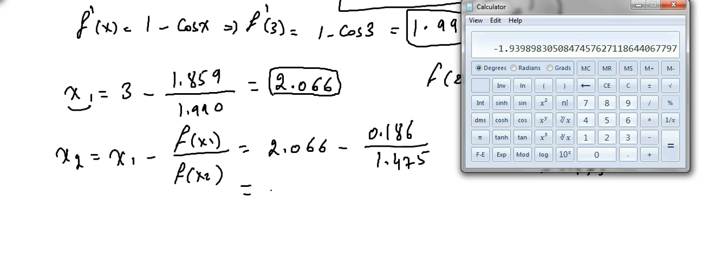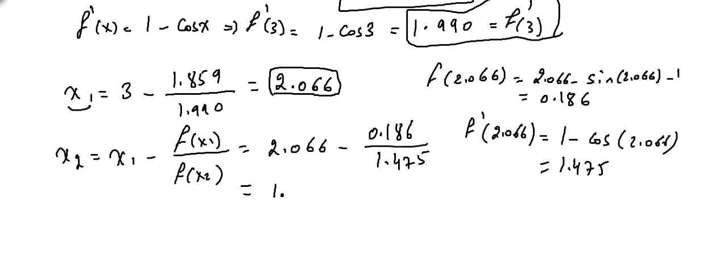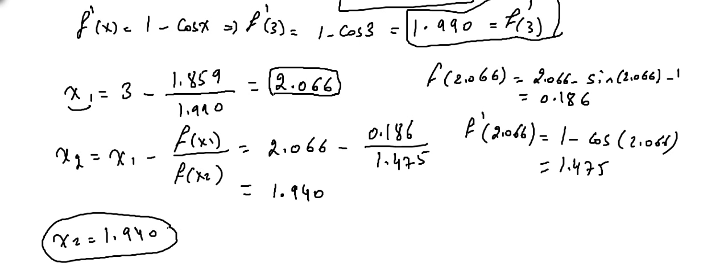So rounding it, this is x2, which is 1.940. Now I'm nearer to the correct root.